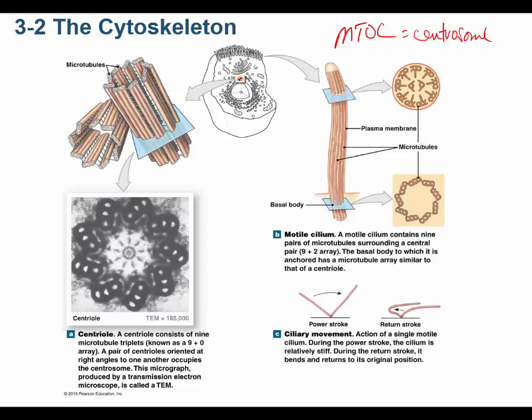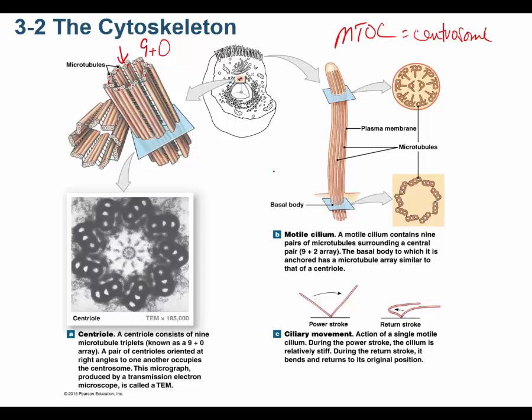And if you look at the centrioles, you see 9 triplets. If I start right there and count 1, 2, 3, 4, 5, 6, 7, 8, 9, that's 9 triplets. And there's nothing in the center, so we call that a 9+0 organization.